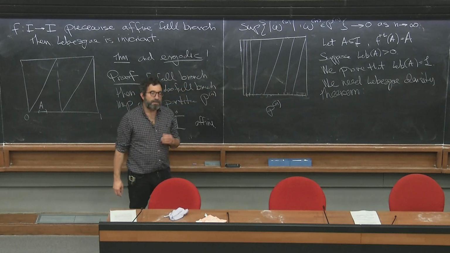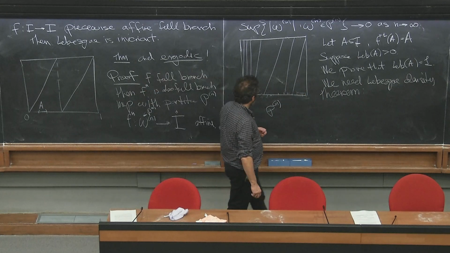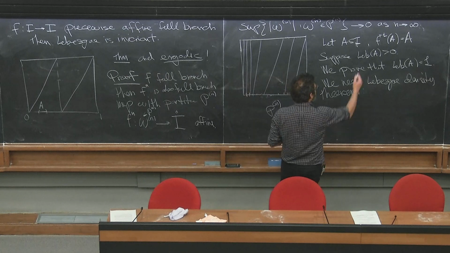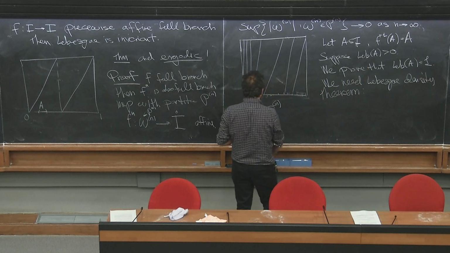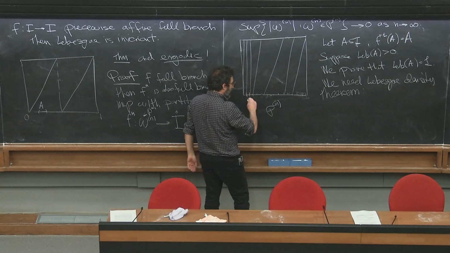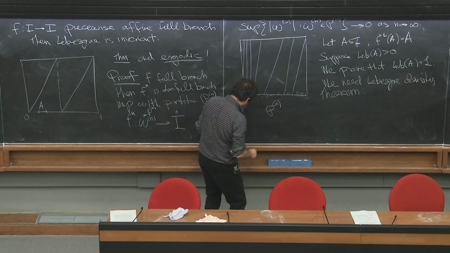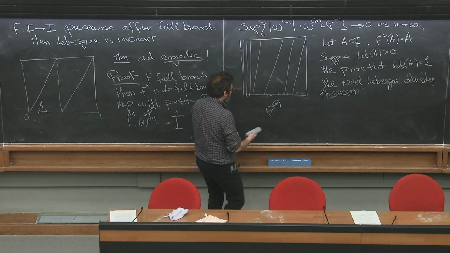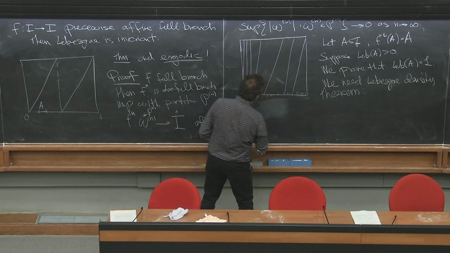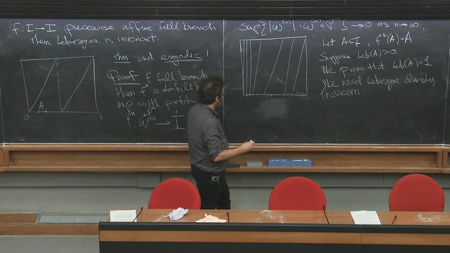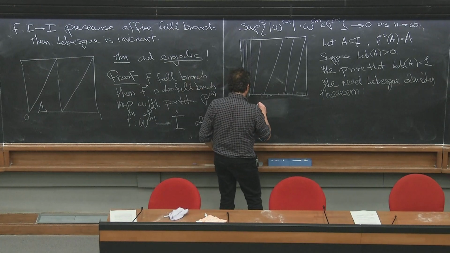The Lebesgue density theorem says the following: if you have a set of positive measure, so here we have some set A that has positive measure, I'm not going to draw it, because it may be a very strange set. I'm not assuming that this set is an interval or anything, right?